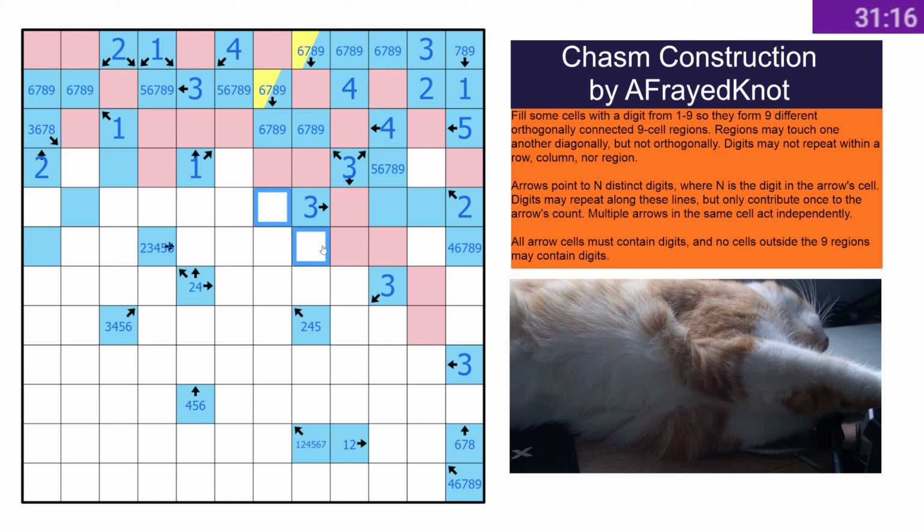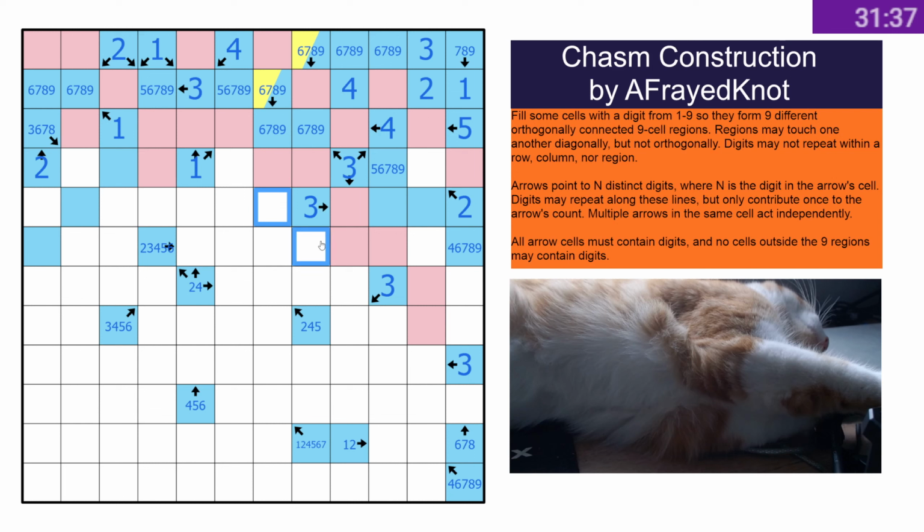Maybe. Hopefully. If those 2 were both blue, that's also fine, because they just repeat that cell. At least one of these is blue.